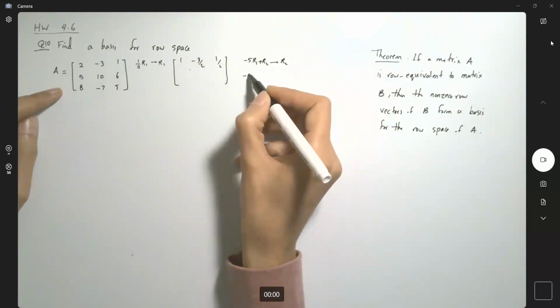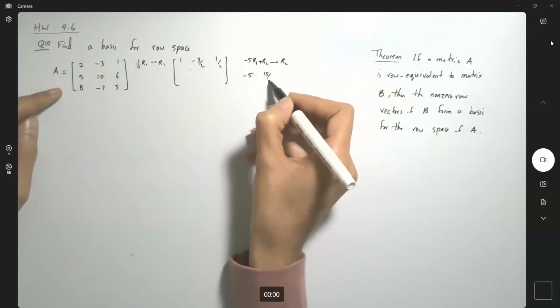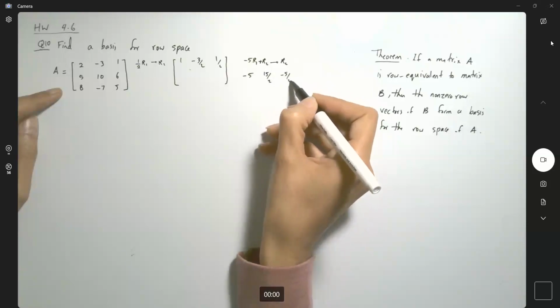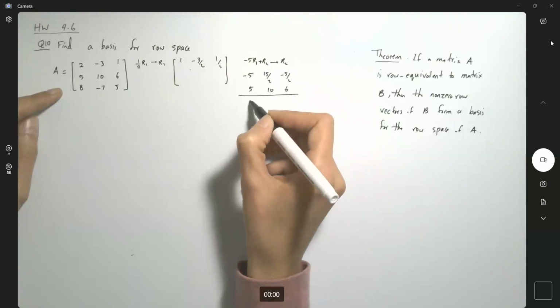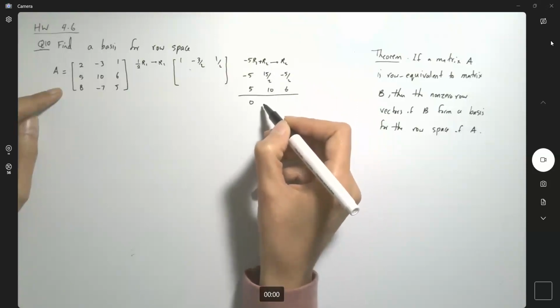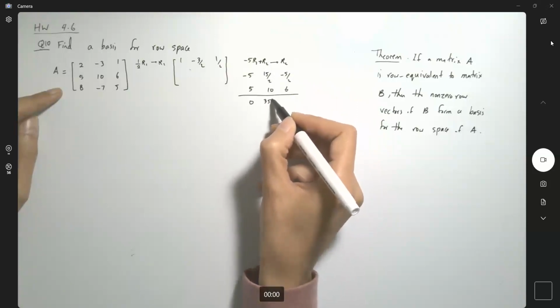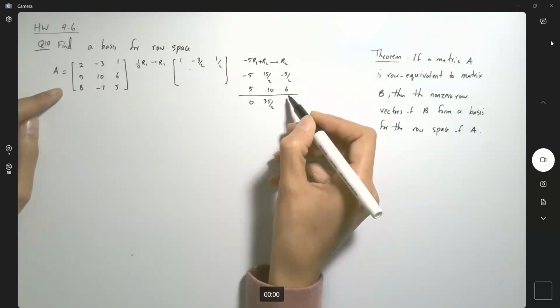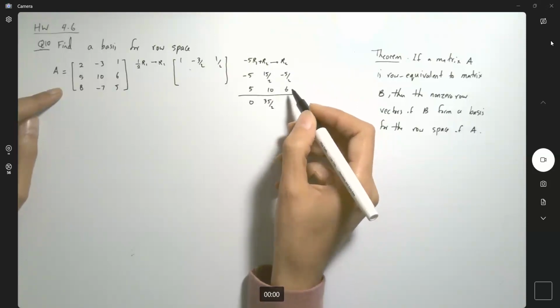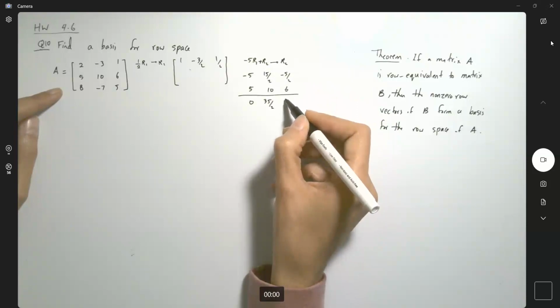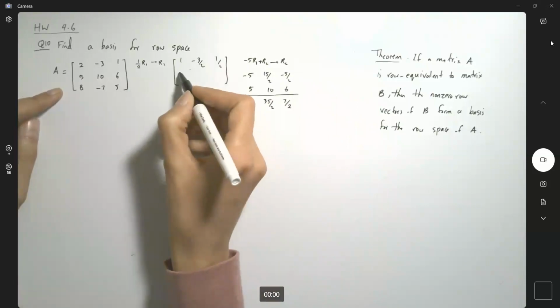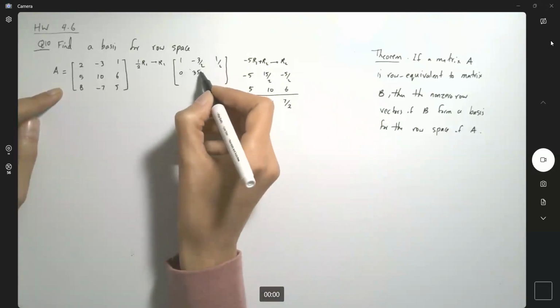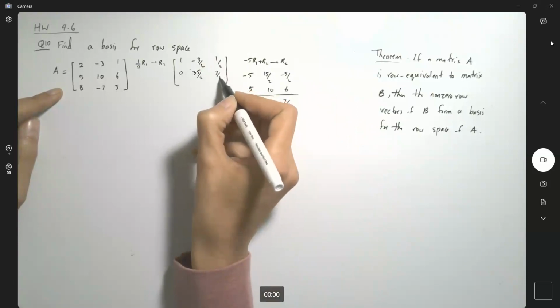So you have negative 5, then 15 over 2 and negative 5 over 2, added to 5, 10 and 6. This is 0, and here you have 35 over 2, and here you have 12 minus 5, 7 divided by 2. So this becomes 0, 35 over 2, 7 over 2.